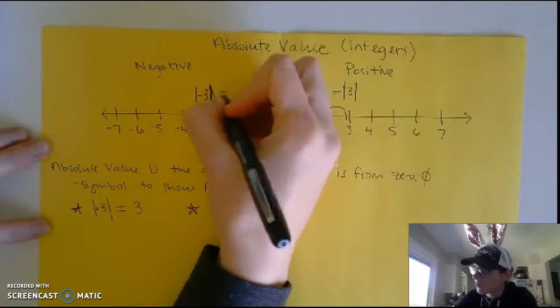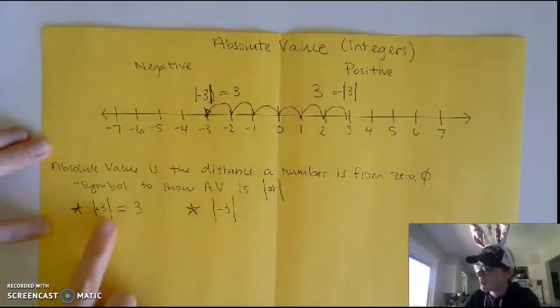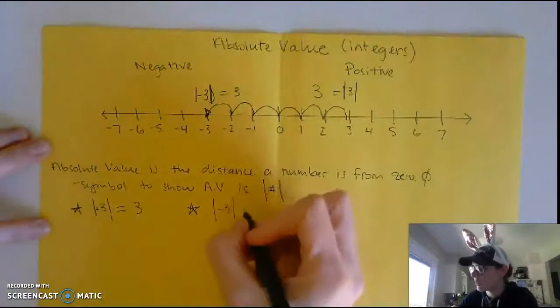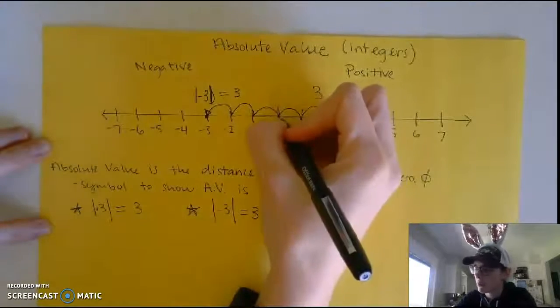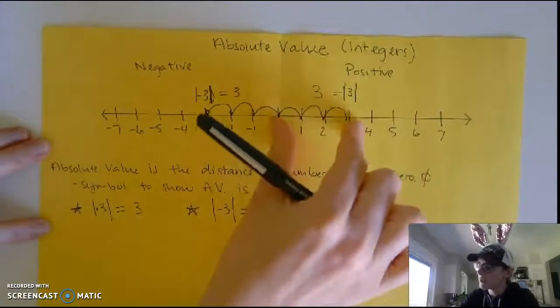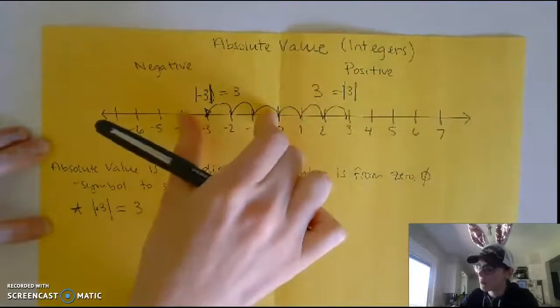So the absolute value of positive 3 and negative 3 is both 3 because they are both the same distance from 0.